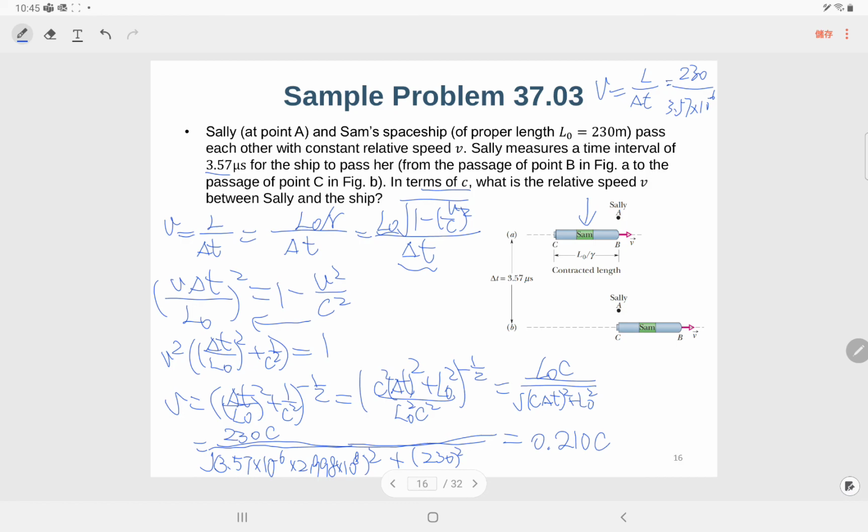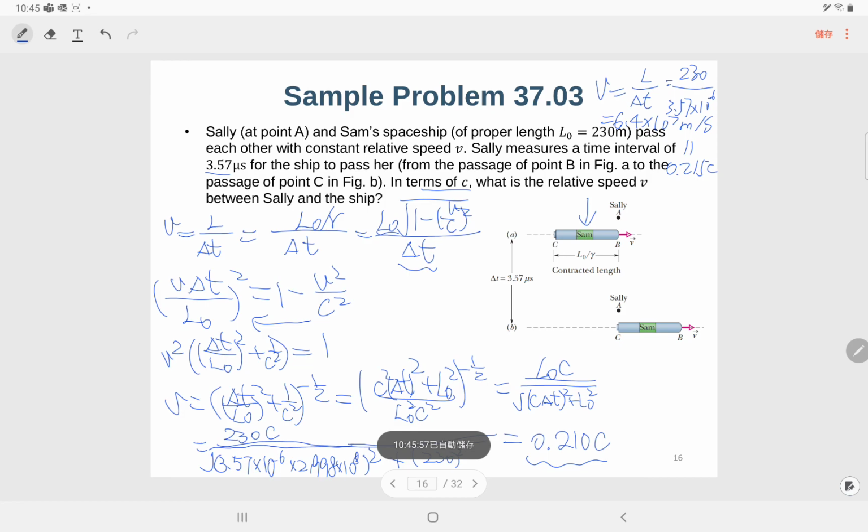It becomes 6.4 times 10 to the 7 meters per second, which compared with 2.998 times 10 to the 8 is actually 0.215 c, quite similar to the previous result.